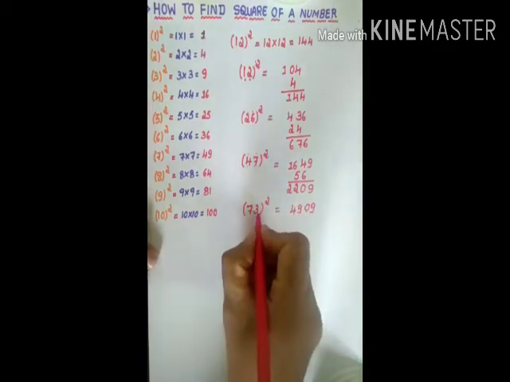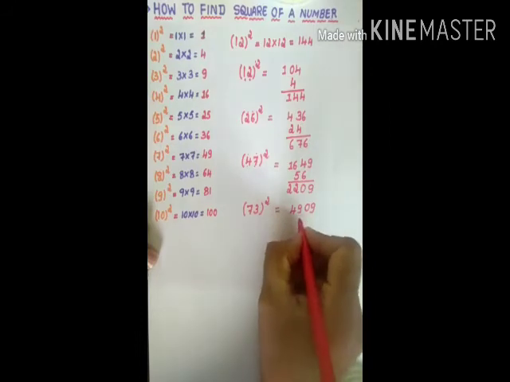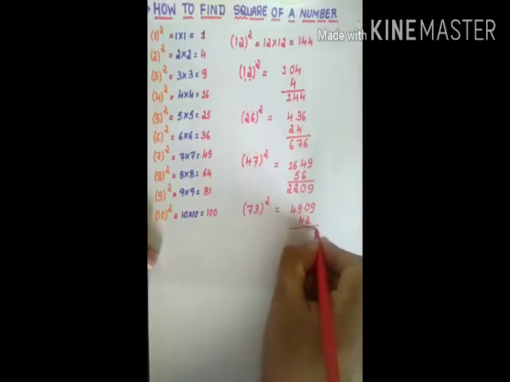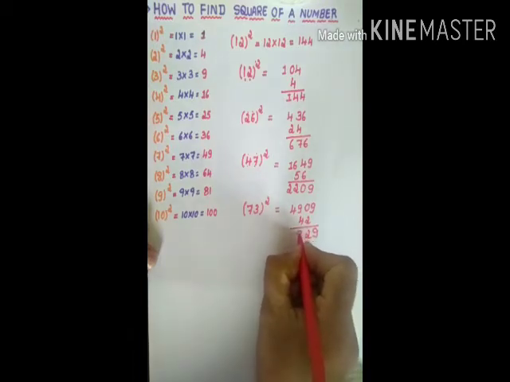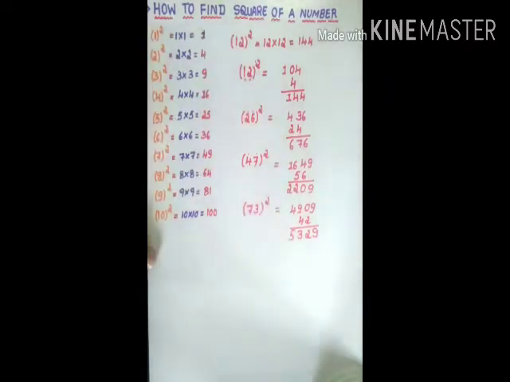After that 7 3s are 21. 21 2s are 42. Add this: 9, 2, 13, 5. 4 plus 1 is 5. So 73 whole square is 5329.